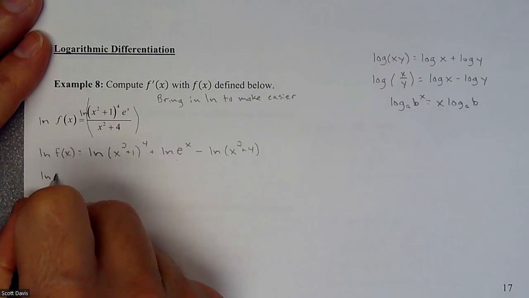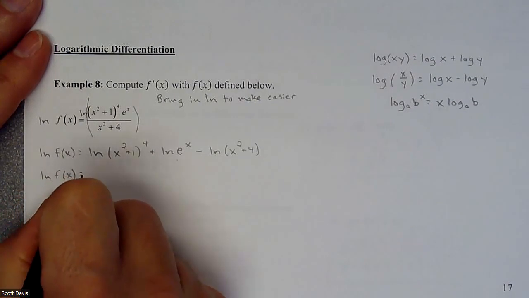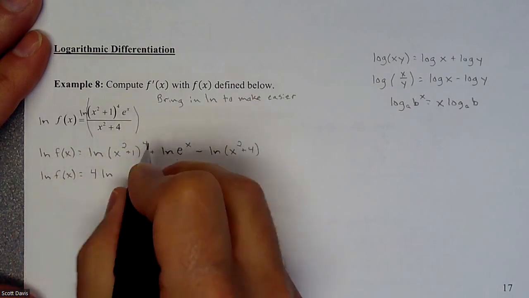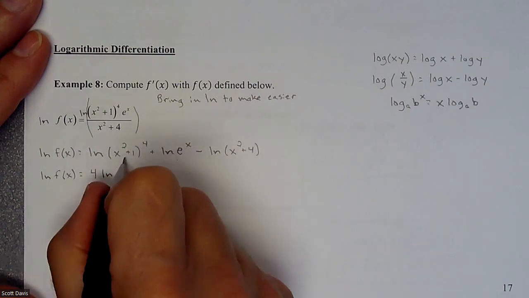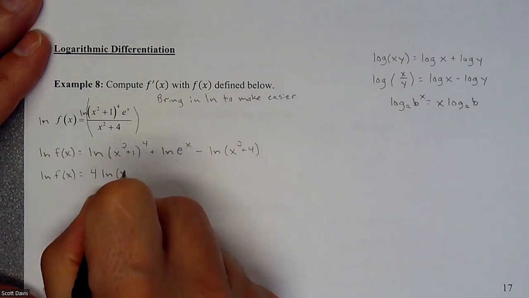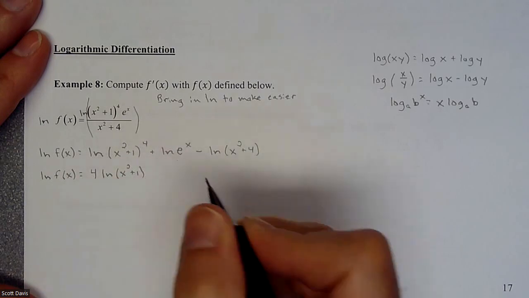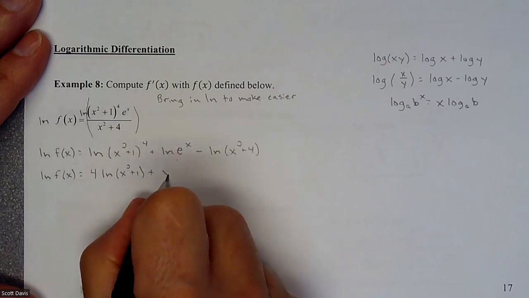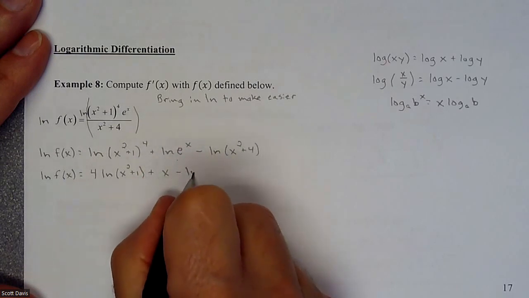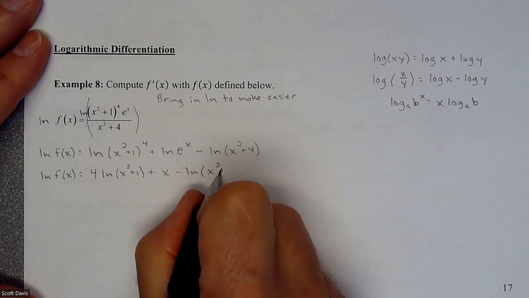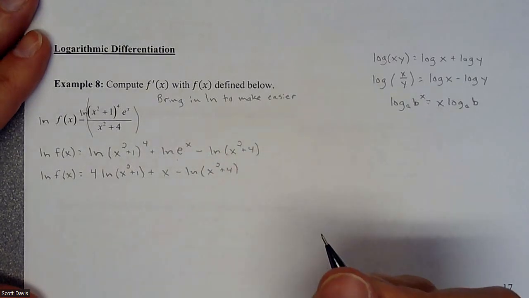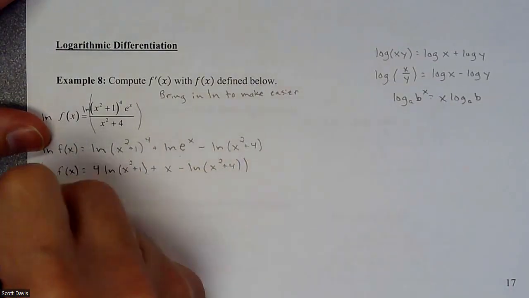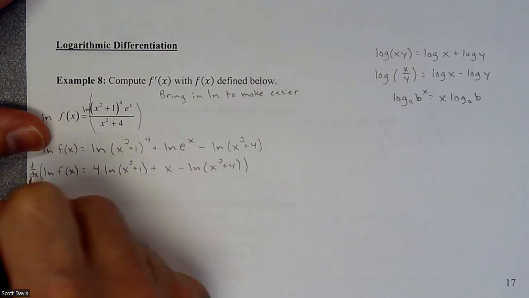So I have the natural log of f of x equaling, I can pull this in front, so 4 natural log, so I don't even have to do a chain rule within a chain rule. I can treat it like this, right? And then this piece, because that matches that, this just becomes x minus natural log of x squared plus 4. All right, so I'm now going to do the derivative with respect to x of that.